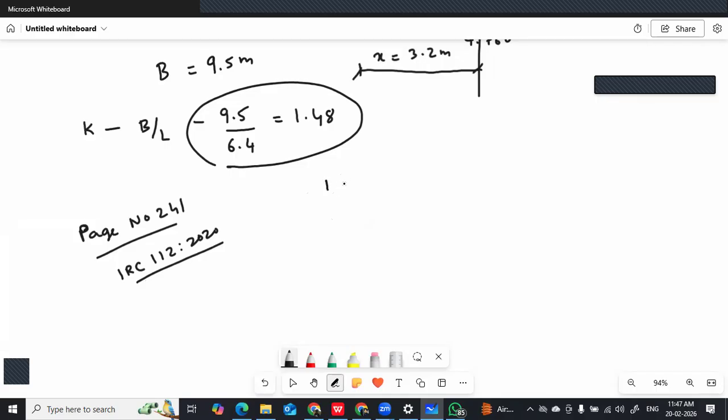Here you have B by L naught value. In the table, you have B by L naught. Then you have K or alpha.